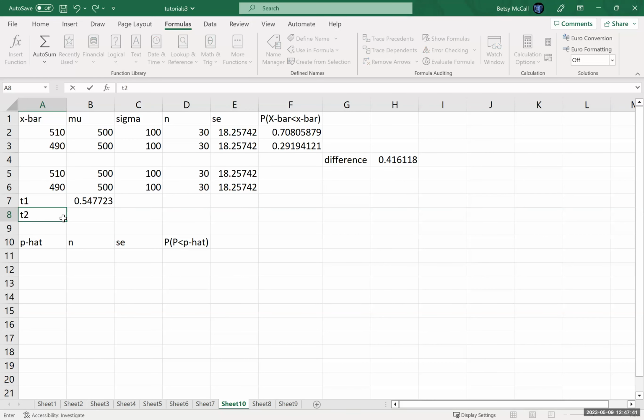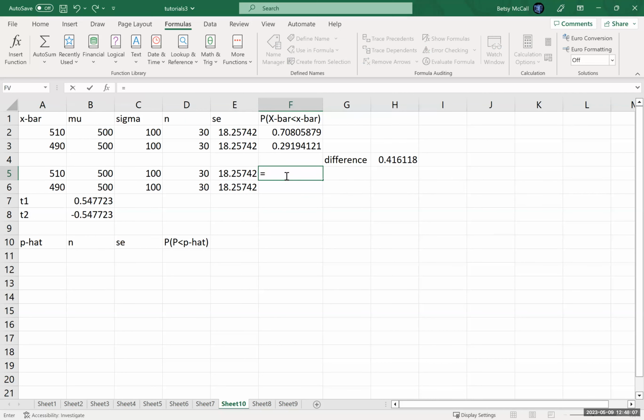And T2 would be, in this case, the negative of that, 490 minus 500 divided by the standard error. Remember, the T distribution doesn't allow you to have a specified mean and standard deviation, it's always normalized. So that is one difference.